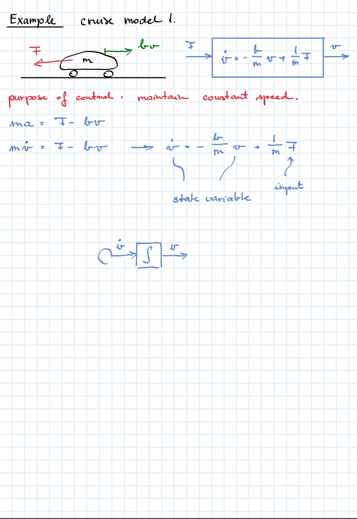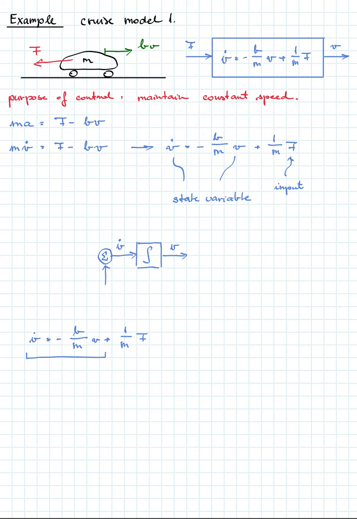From the equation, we can see that v dot is equal to the sum of the two parts. I repeat the equation here. v dot is minus b over m v plus 1 over m F. So there is usually a part which is depending on the state variable itself.